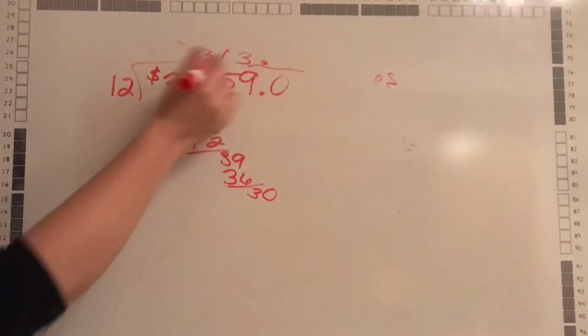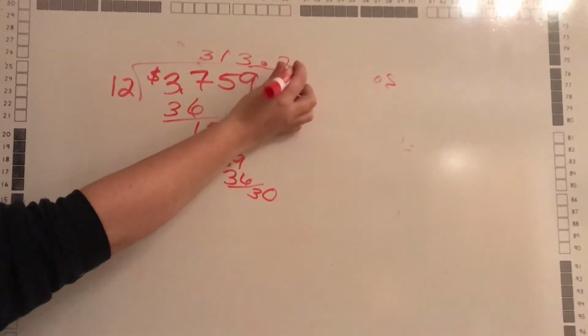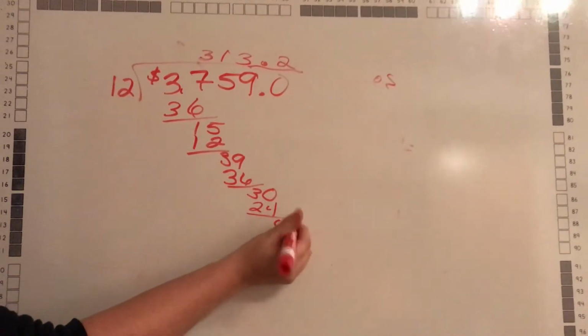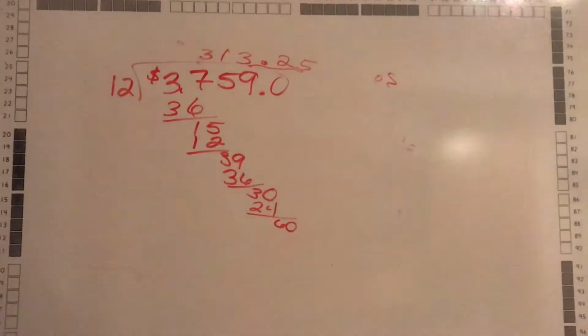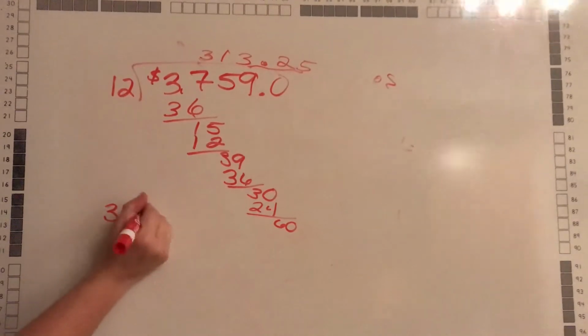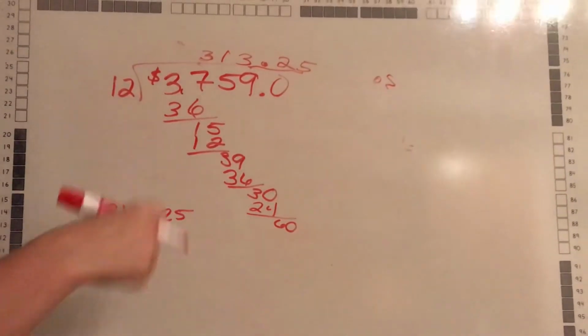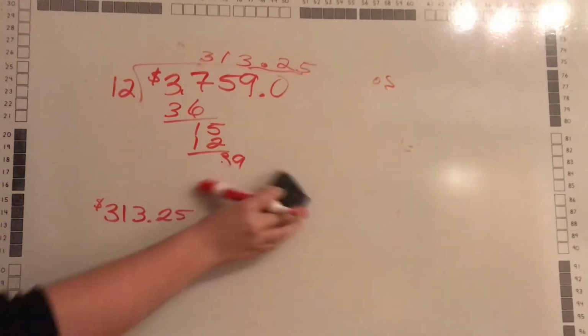Bring up your decimal, 12 goes into 30 2 times, 12 times 2 is 24, then 60, and 12 goes into 60 5 times. So $313.25 is your annual expense broken down monthly.